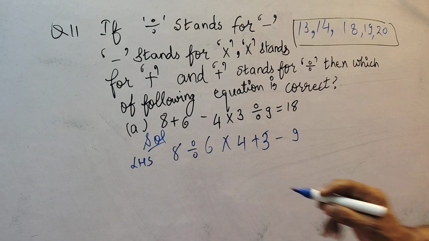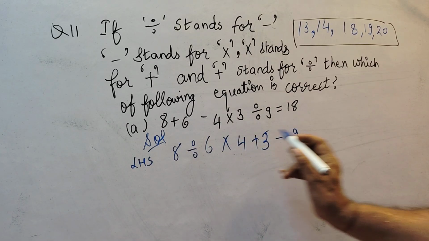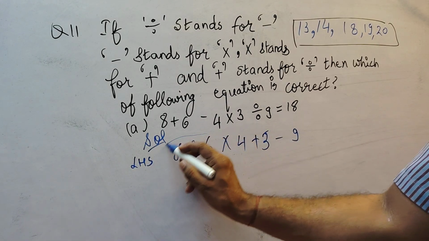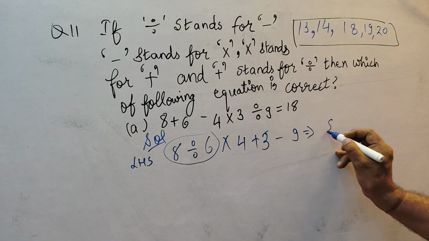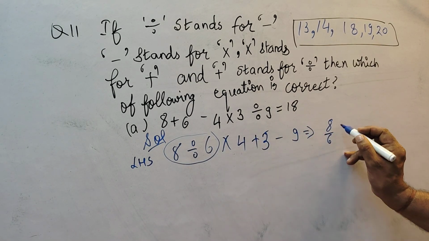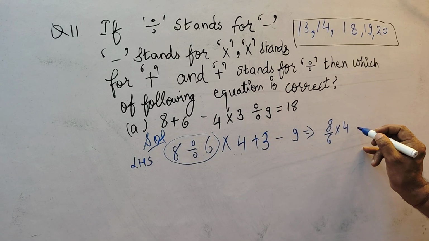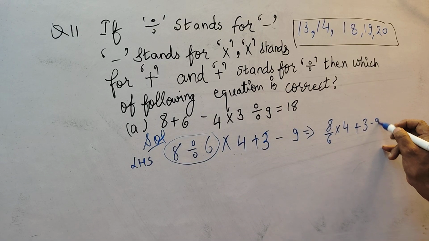RHS is 18. In this term, we divide first. 8 divide 6 we solve first. It becomes 8 over 6 multiply 4, then plus 3 minus 9.